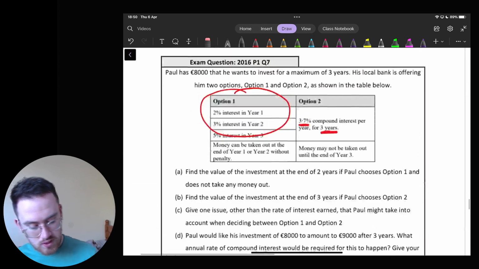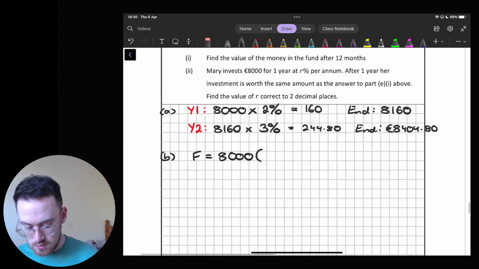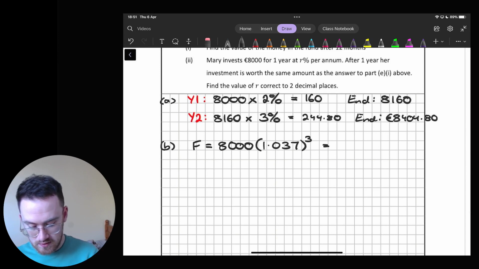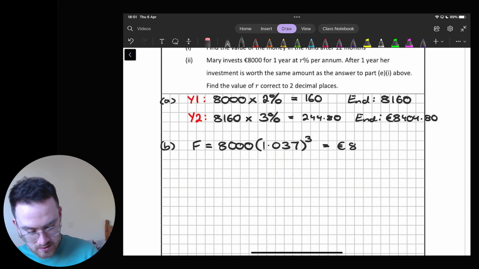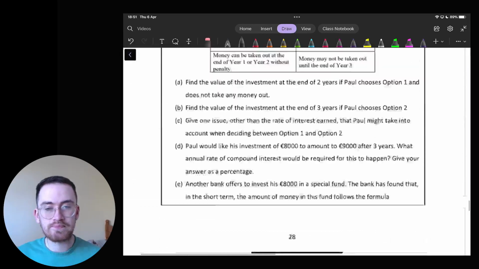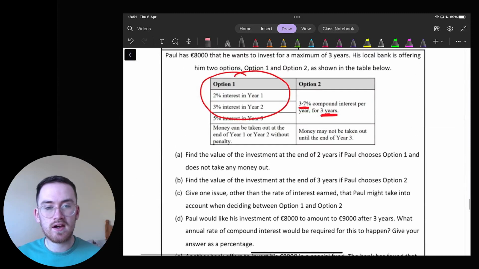My interest rate was 3.7%, which as a decimal is 0.037, so 1.037, and we're putting it in for 3 years. And again, we can just use our calculator then to work that answer out for us. We get a value of 8921.26. So 8921.26 for part B there.